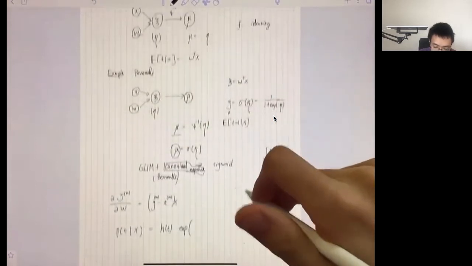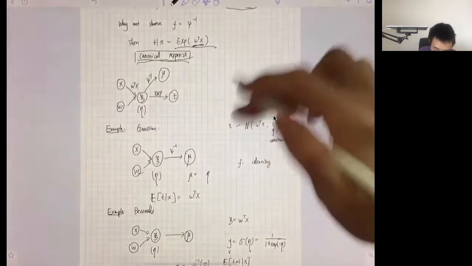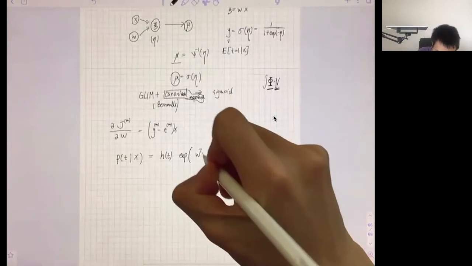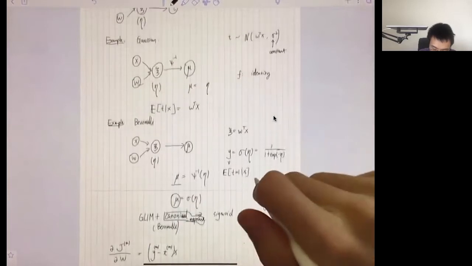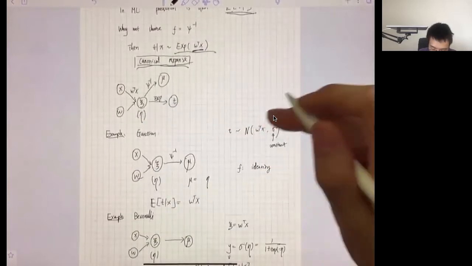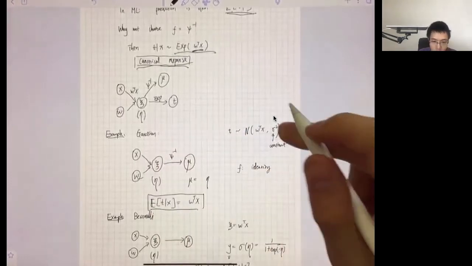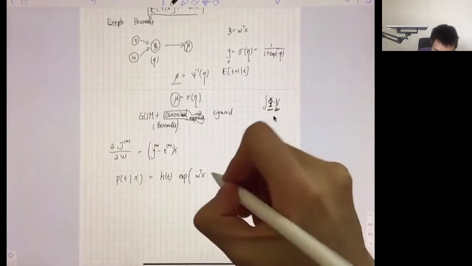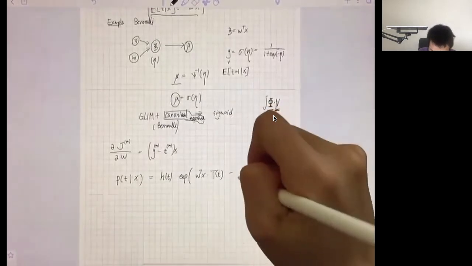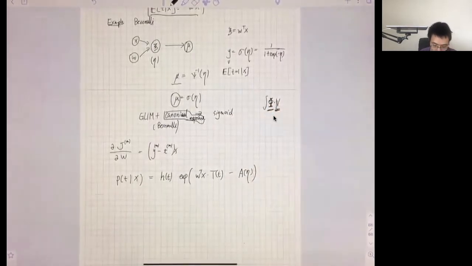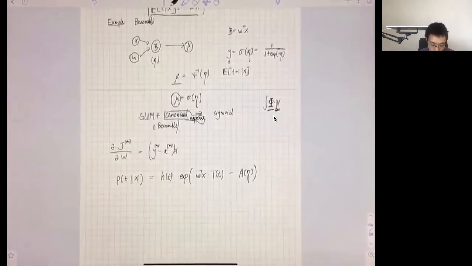And this time my eta is W transpose x, because I use the canonical response function. And I assume my sufficient statistics is just T, because in most cases I care about the prediction as my expectation of the target, times my sufficient statistics, which is T of t, minus A of eta. Okay. So this is the probability, or this is the likelihood.